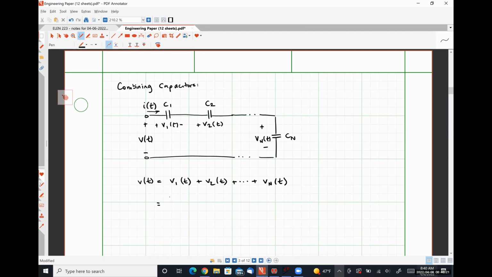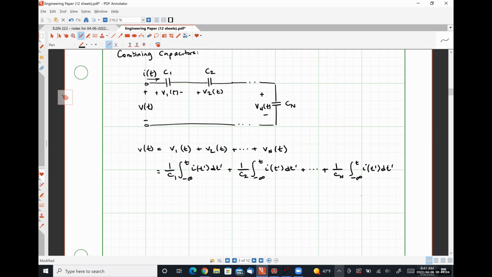So that's going to look like 1 over C1 integral from negative infinity to t of I of t prime dt prime plus 1 over C2 integral from negative infinity to t of I of t prime dt prime all the way out to 1 over Cn integral from negative infinity to t of I of t prime dt prime.